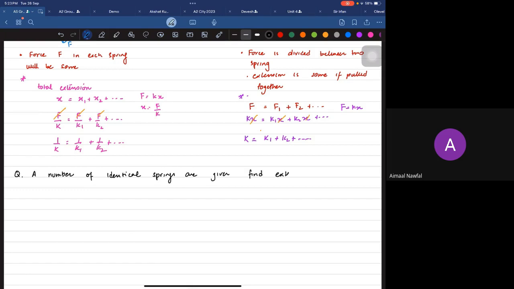Find extension in terms of k in each system. Alright, so this would be the question.